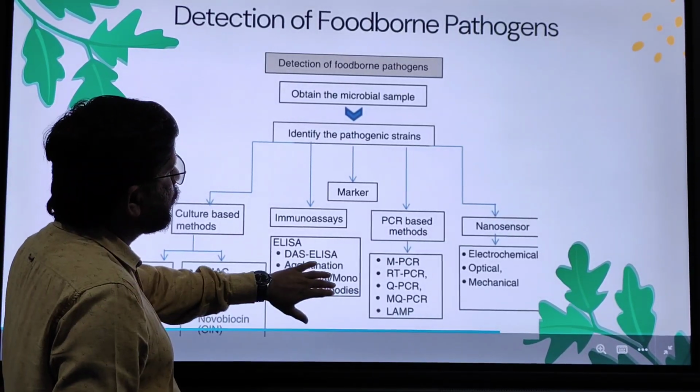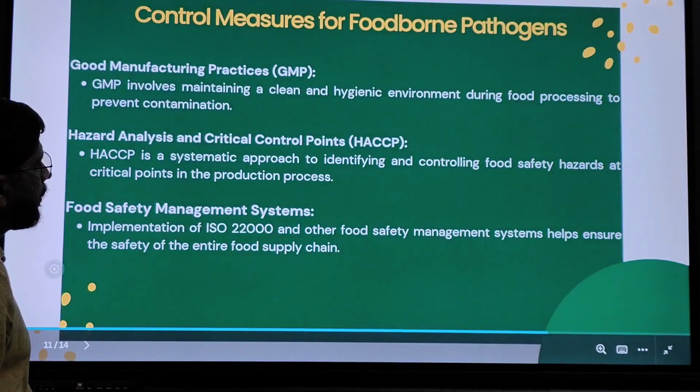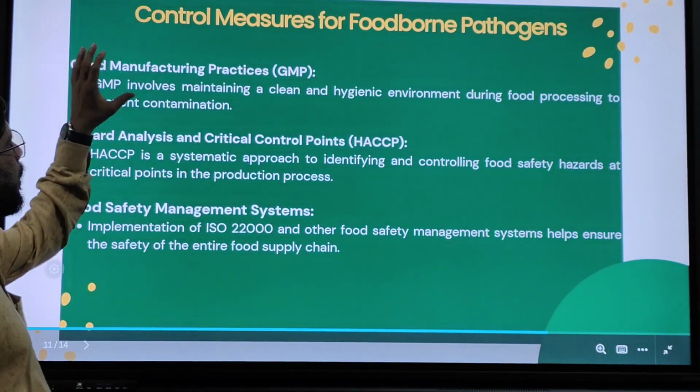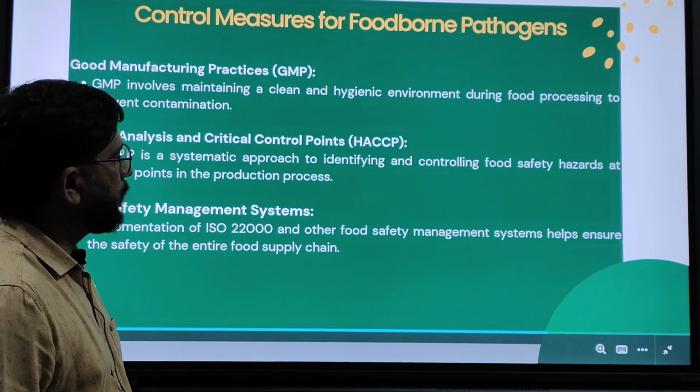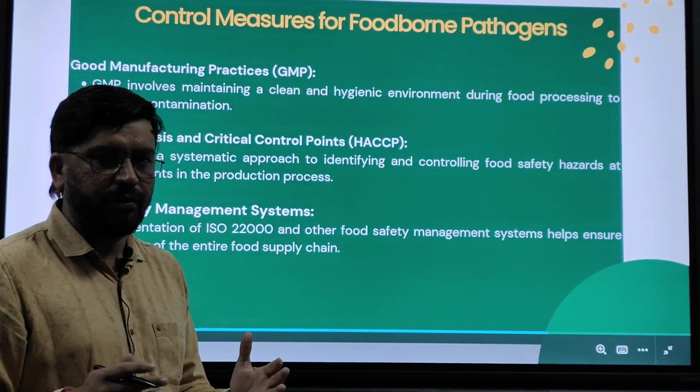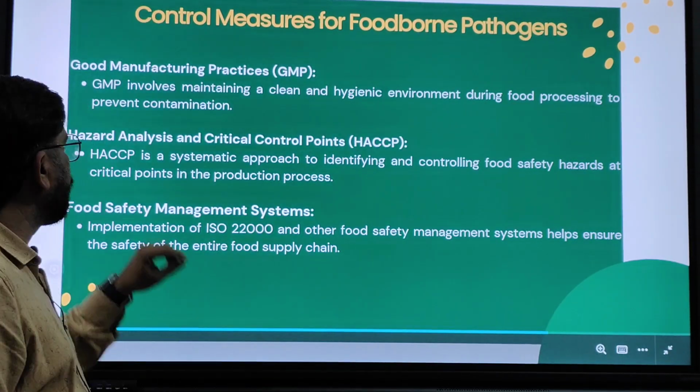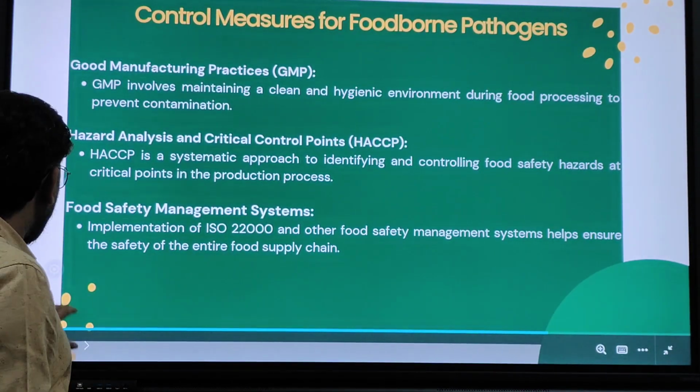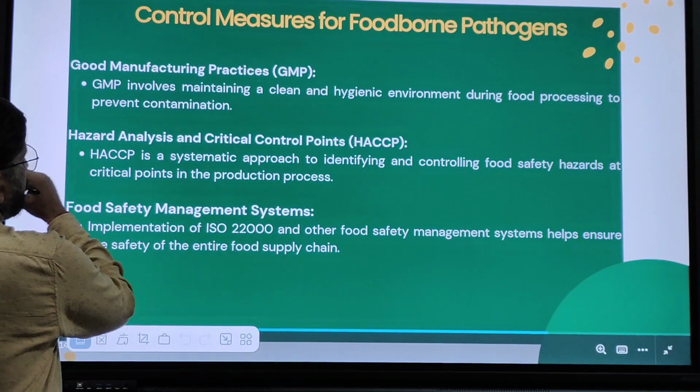So let's move on to the next slide, where we discuss control measures for foodborne pathogens. We have discussed now the detection methods used for foodborne pathogens. Now we will be discussing the control measures.